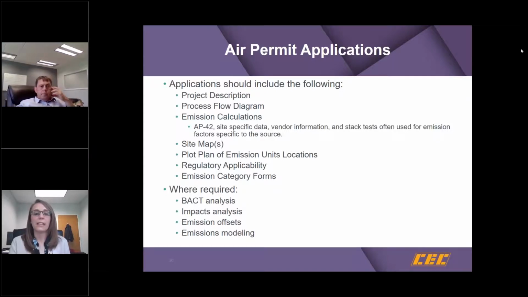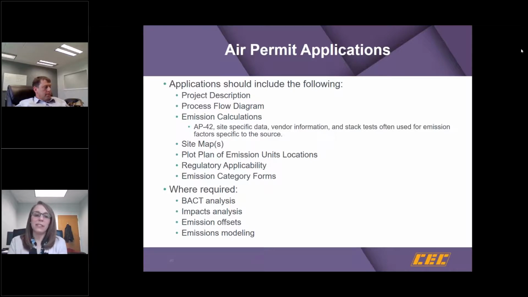So having a good idea of your regulatory applicability is always a good idea. And then emission activity category forms, which are EACs. You'll hear that acronym a lot. It gives an idea of the process and what emissions are coming from that process specifically.